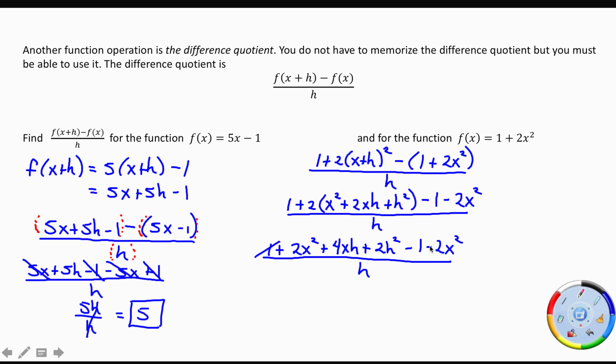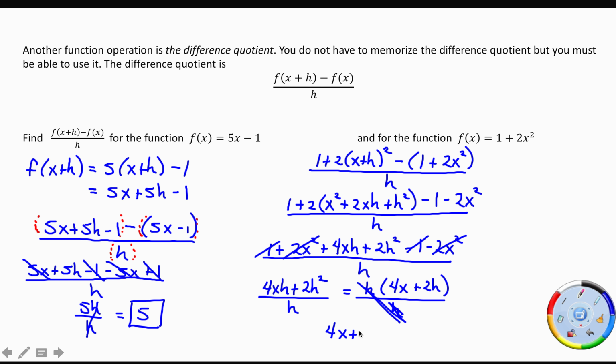Okay, now again, notice what we have. There's a 1 minus 1. There's a 2x squared minus 2x squared. So I have 4xh plus 2h squared all over h. Hey, all of these have an h in it, so if I factor that h out of the top, I can divide them out and get 4x plus 2h as my difference quotient for this function.